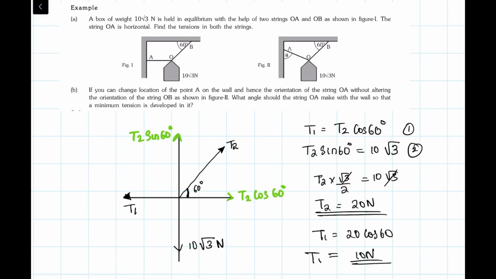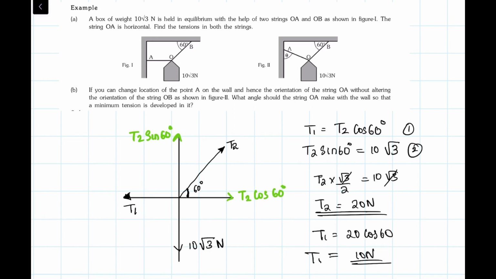Now let's focus on the second part. If you can change the location of the point A on the wall and hence the orientation of the string OA without altering the orientation of the string OB as shown in figure 2, what angle should the string OA make with the wall so that a minimum tension is developed in it?